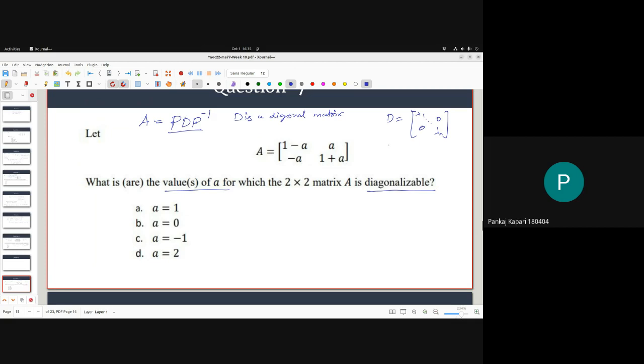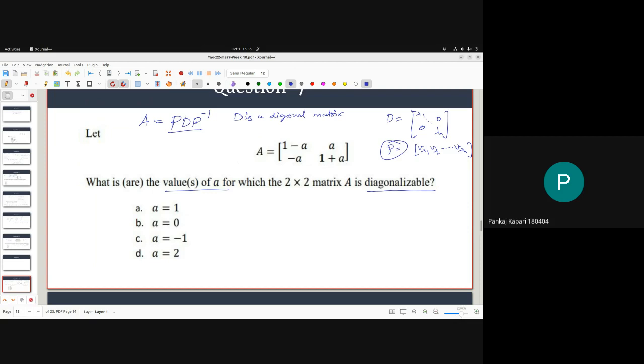And this P matrix is a special matrix. Its columns are the eigenvector corresponding to lambda 1, the eigenvector corresponding to lambda 2, and so on up to n. You take P as this matrix containing all the eigenvectors corresponding to the eigenvalues, and D as this diagonal matrix. If these eigenvectors are linearly independent, that means the matrix P is invertible, then you can write A as P D P inverse, and the matrix is diagonalizable.